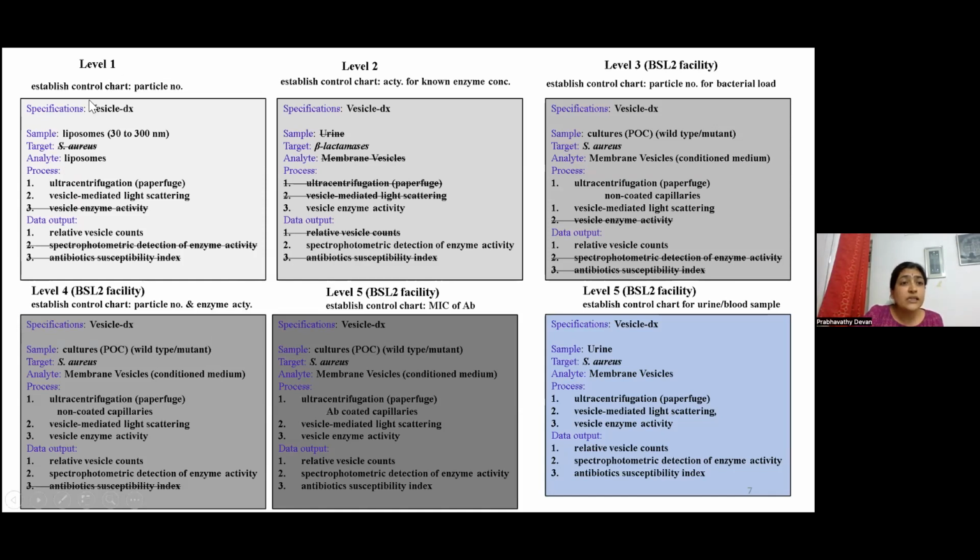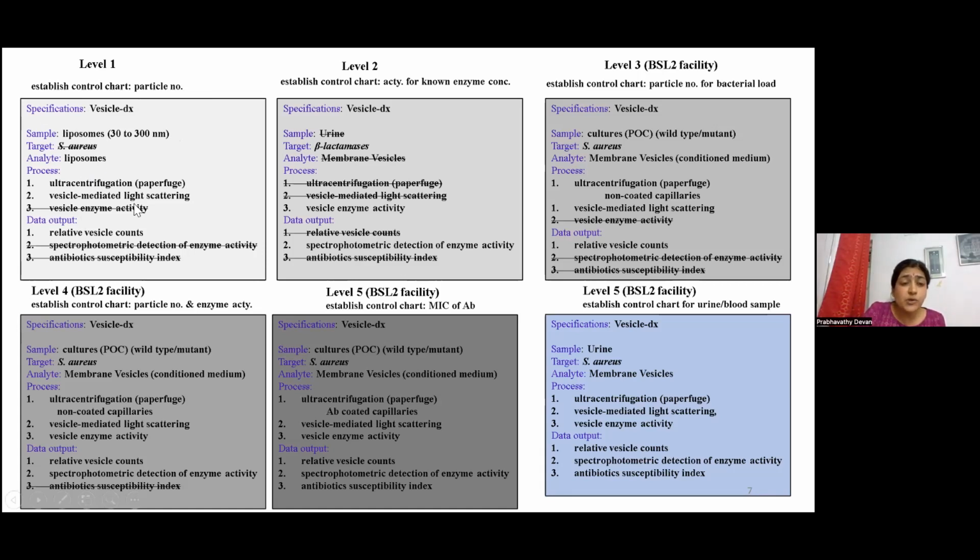Level 1 is basically to establish how many particles can give a better scattering, and can we relate the particle number with the scattering property. Okay, so here I thought we'll choose liposomes in the size range of 30 to 300 nanometers, which is what the membrane vesicle range is also expected to be.